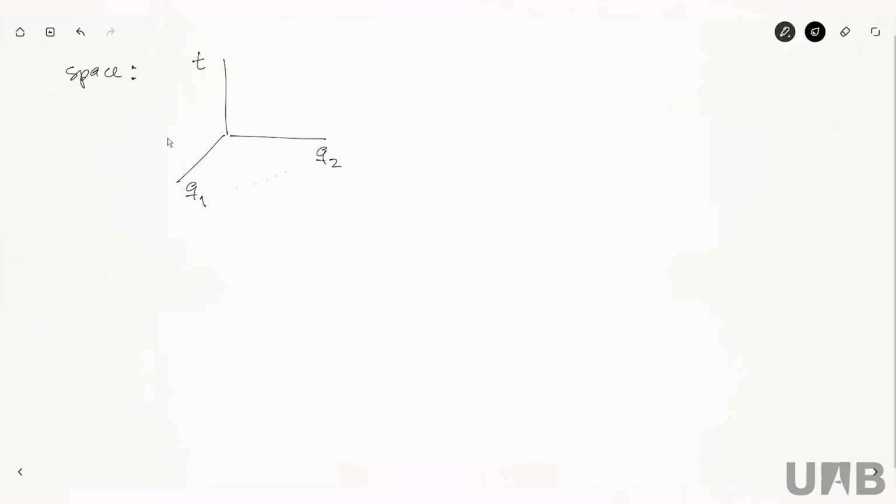And so a solution is a trajectory in this space. This space is called configuration space. Whereas the solution in the Hamiltonian formulation, time is also here.